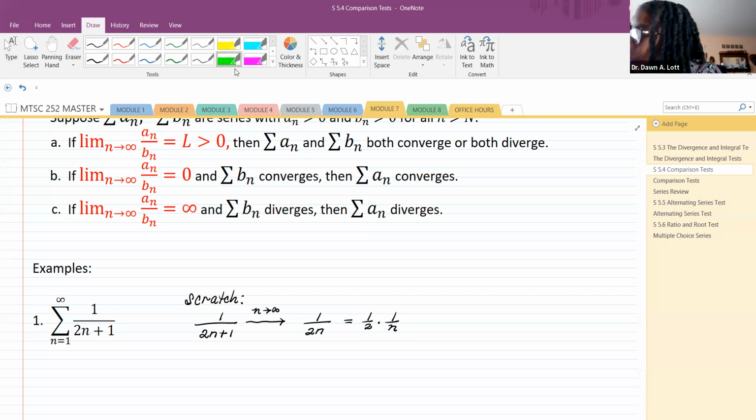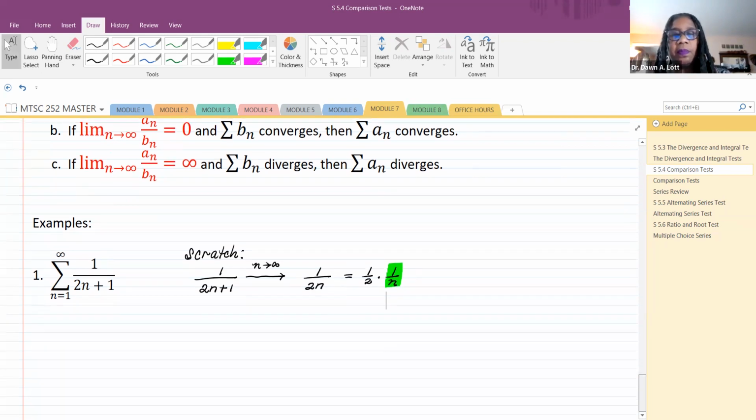And oh, now I think I'm going to use this because this is what it looks like as my series bn. So what I've done is I just took out some of the stuff that's not really going to matter as n goes to infinity. Okay, so on my little scratch paper, that's what I'm thinking.